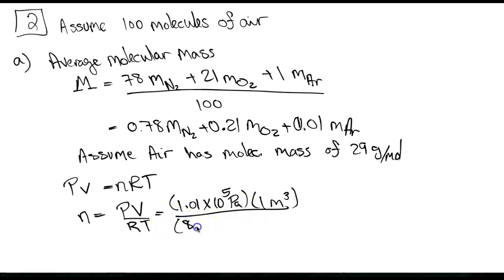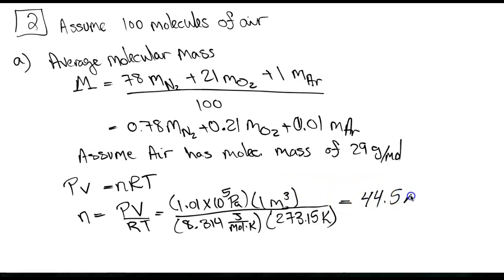The gas constant R is 8.314 joules per mole Kelvin, and the temperature is 273.15 kelvins. And if we carry out this calculation, we find out that we have about 44.5 moles of air.